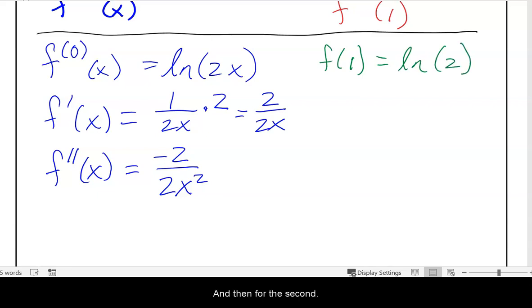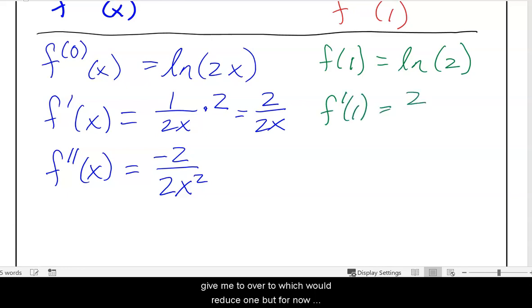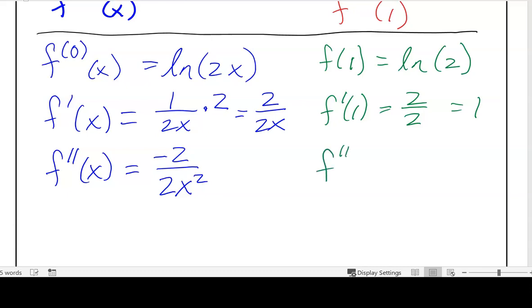And then for the second term, I'm looking at the first derivative at 1, which would give me 2 over 2, which would reduce to 1, but for now we'll leave it as 2 over 2. And the second derivative, oops, not at x, instead at 1.